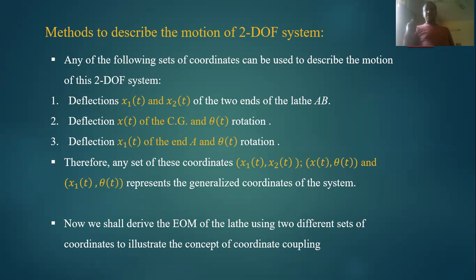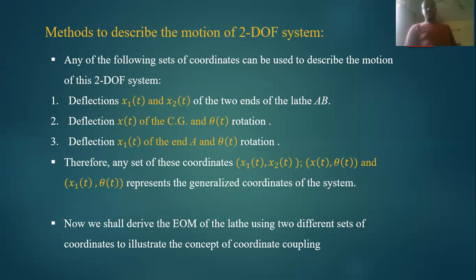The third is the deflection x1 of t at A and theta of t, or we can use x2 of t and theta of t. So a lot of methods are there.